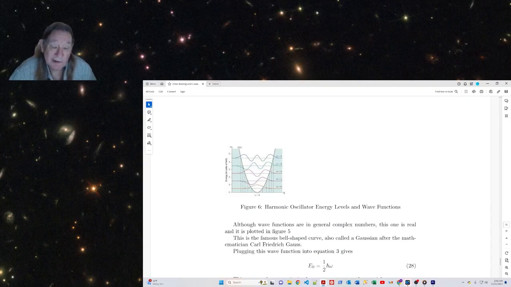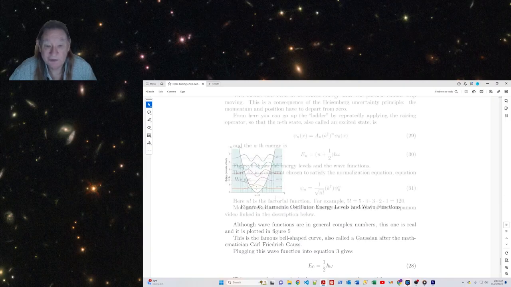Some of these, like the ground state, if you reflect it about the center, you get back the same thing you started with, so that's even. This is referred to as parity, and it's a very important conservation law in physics.